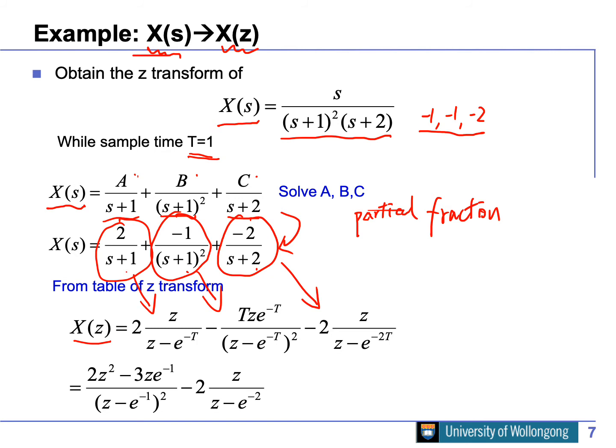In the exam, you will be given a table, and you can refer to the table to find out the relationships. And then we can do some combination. This is just simplification, which you probably don't necessarily need to do. So we can consider this is the discrete time transfer function for that original X(s).